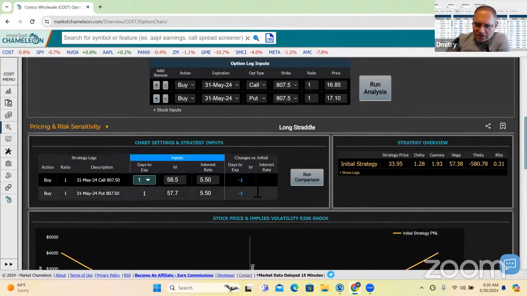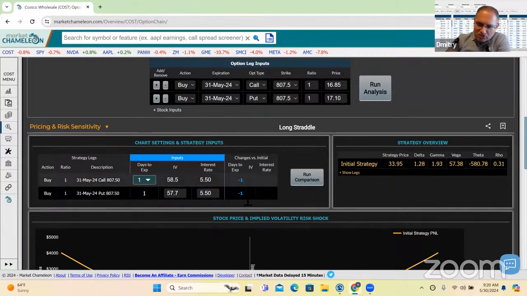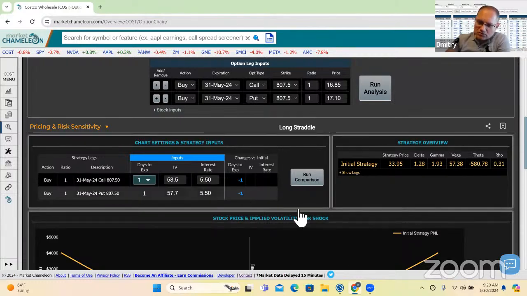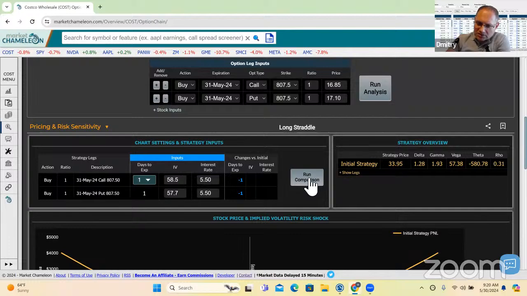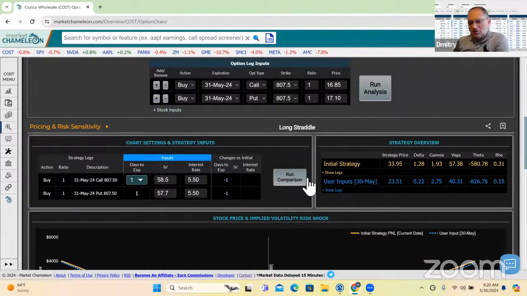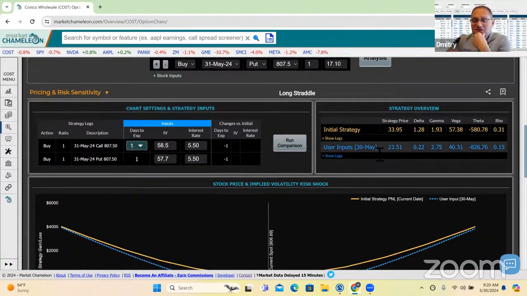So let's run this analysis right now. I've reduced it by a day, 1 day of decay. I'm going to run this analysis. Okay, now I have May 30th. So what happens is that if the implied volatility does not move today, it's exactly what it was yesterday.